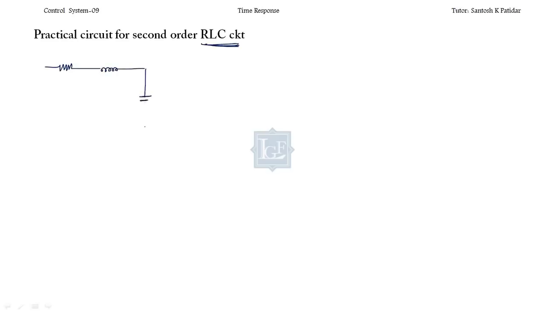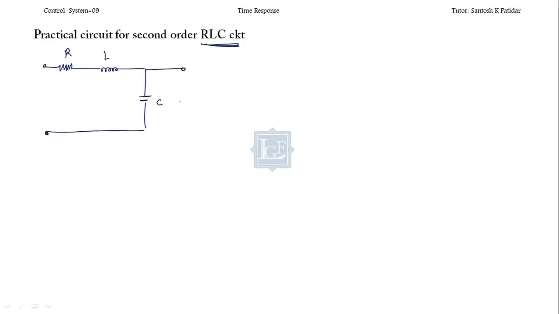So the practical RLC circuit we will see over here, the practical circuit for second order system. So let me take the RLC circuit over here. R, here is L, and this is C. So this is the RLC circuit we have taken over here.